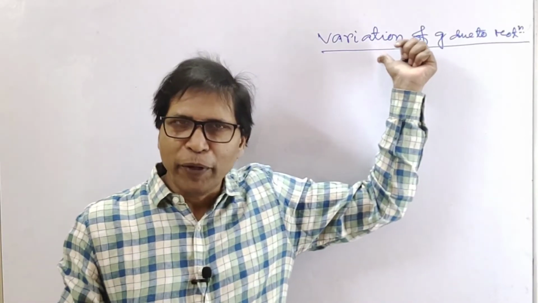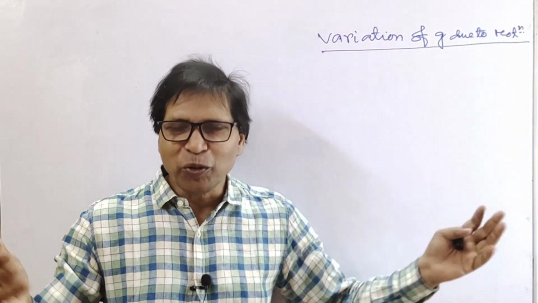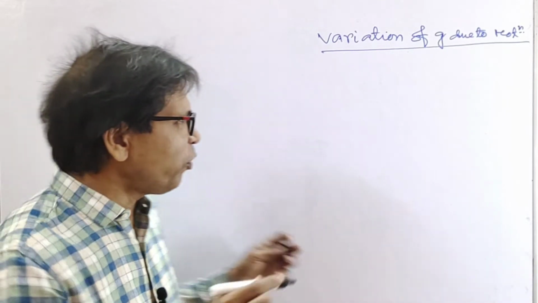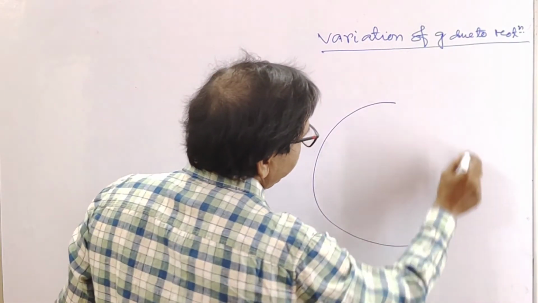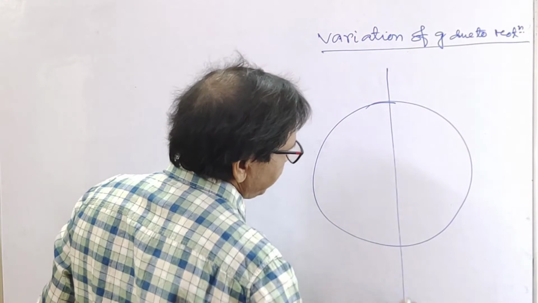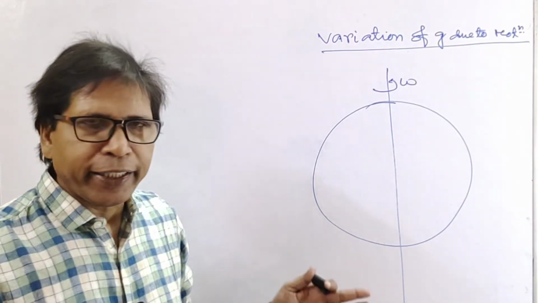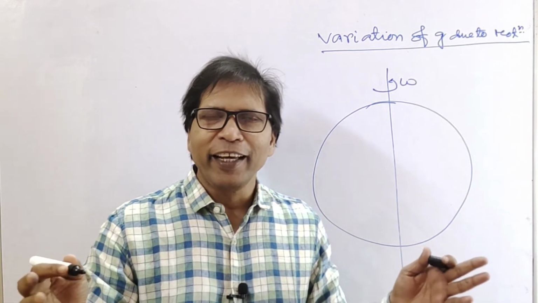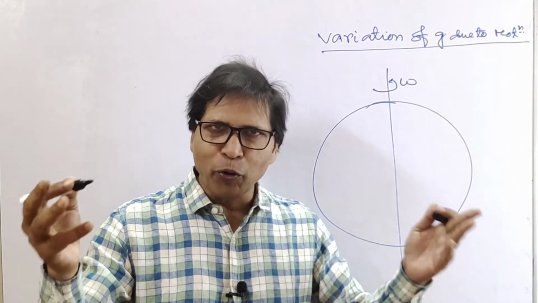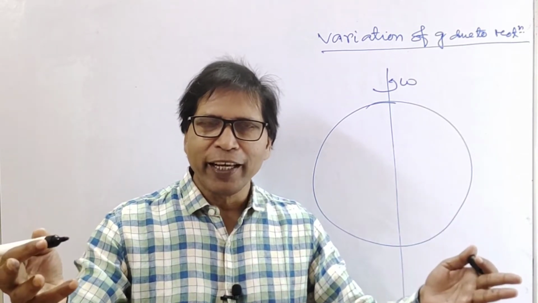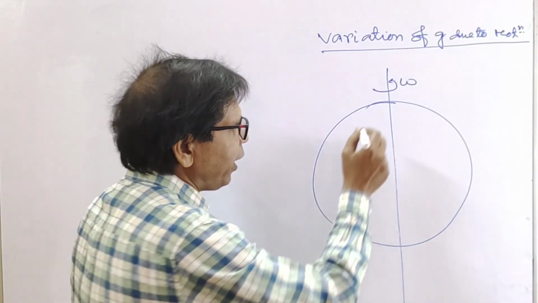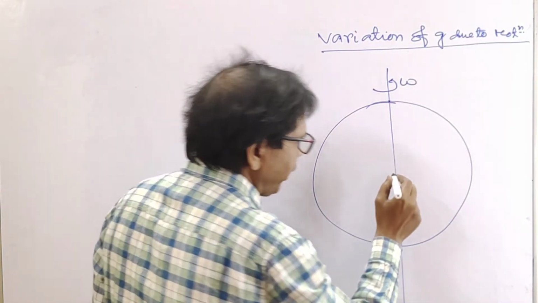Now variation of g due to rotation of earth. The earth rotates about its own axis, and due to this rotation, every particle on the earth's surface experiences an outward centrifugal force except the particle at the pole.